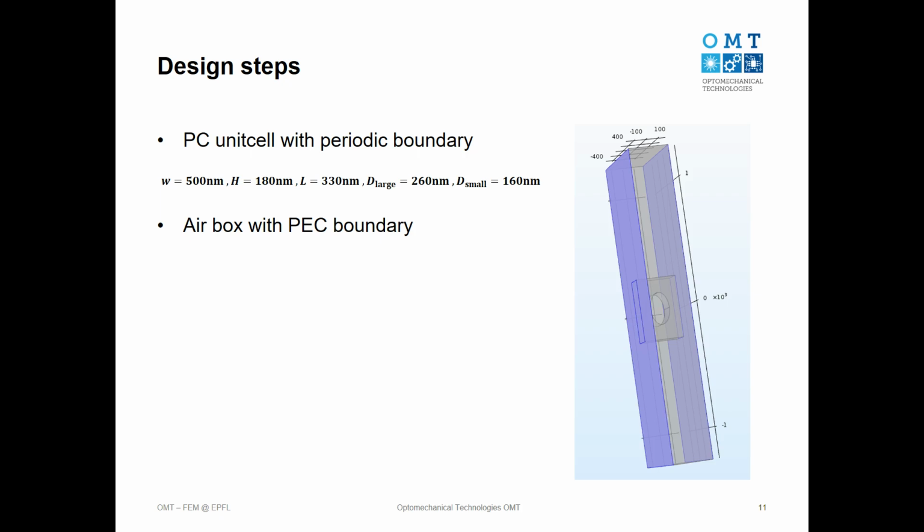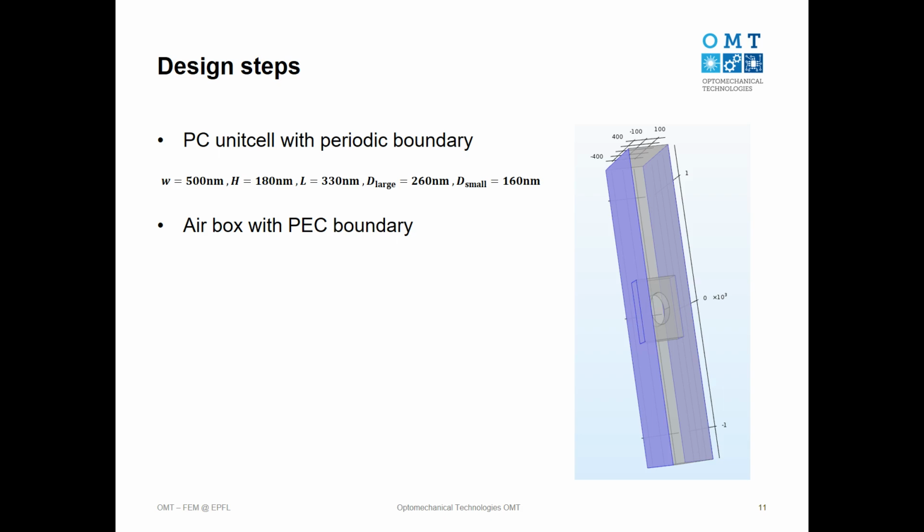This is the modification that I want you to always think about when you are simulating an optical waveguide or an optical structure. For example, here you see this is my photonic crystal, and here I put a big box around it. This box I call the air box, and I put the perfect electric conductor boundary condition on the edges, on the surfaces of this air box.